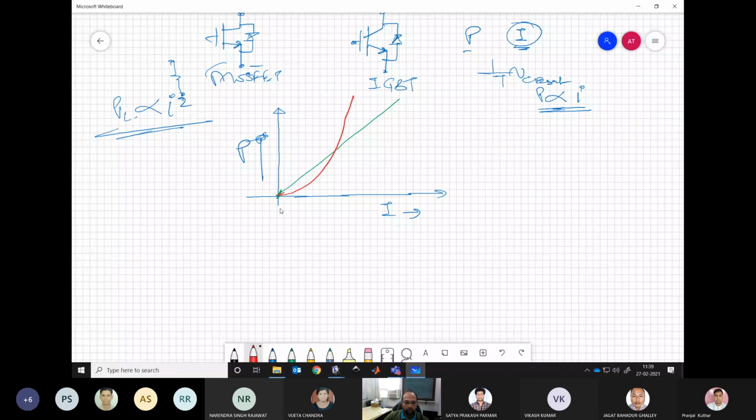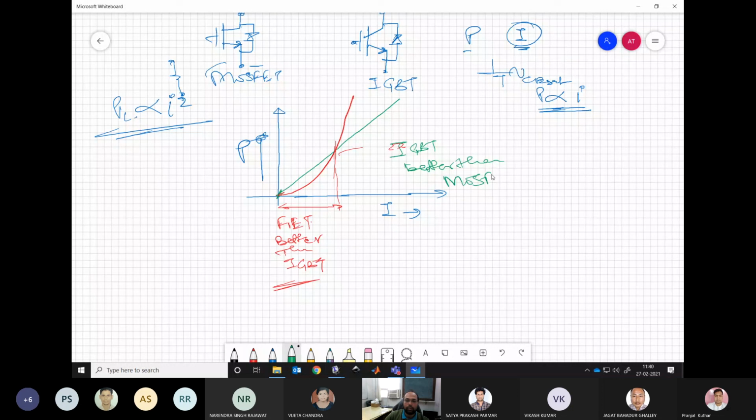So what we can see is that for the lower ranges of current, we have FET better than IGBT because it has lower power loss. Whereas as we go beyond a certain current level, we have IGBT better than the MOSFET because of lower power loss.